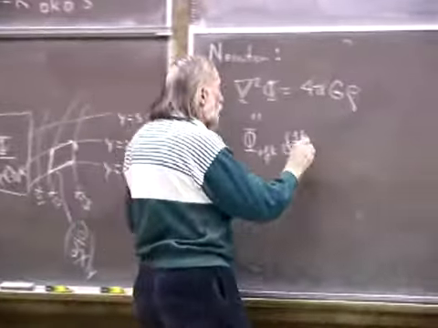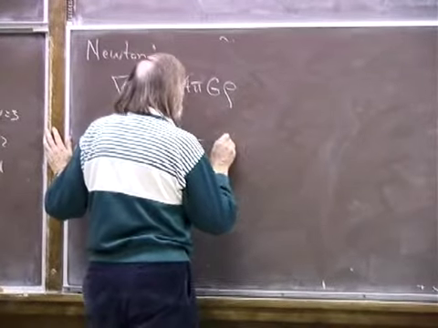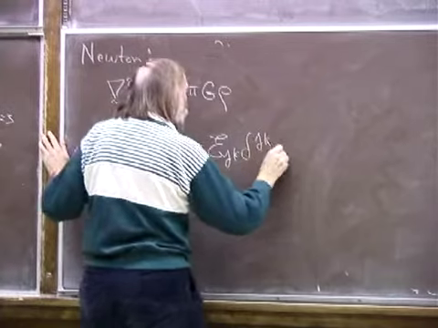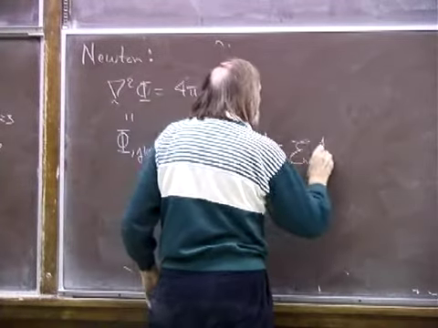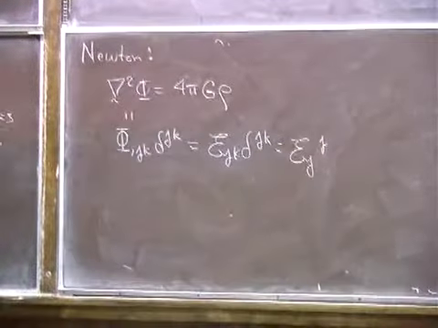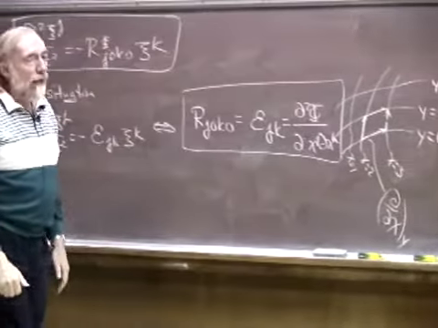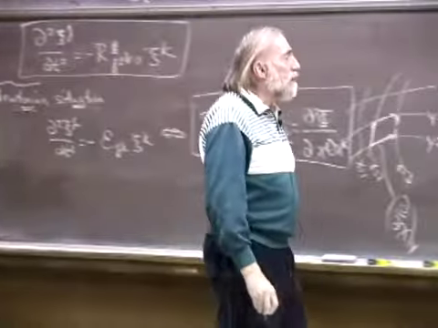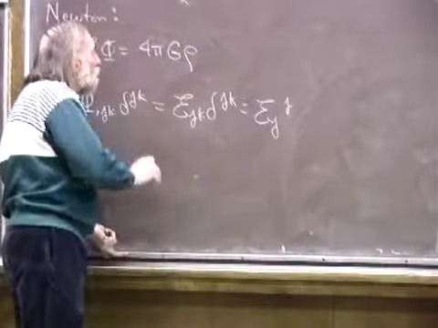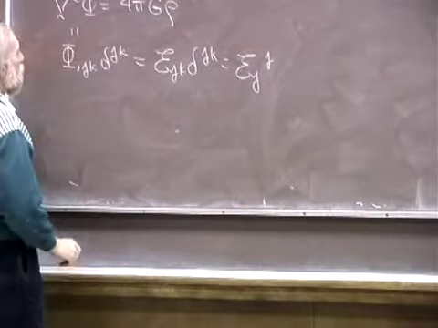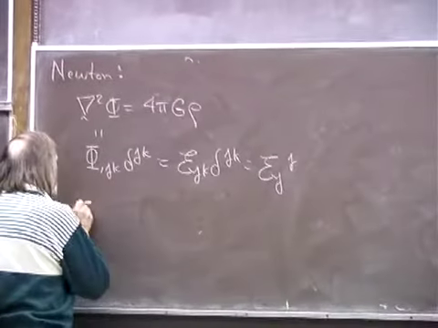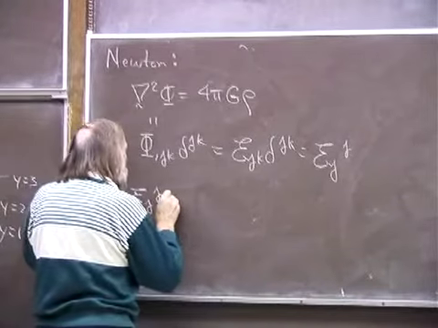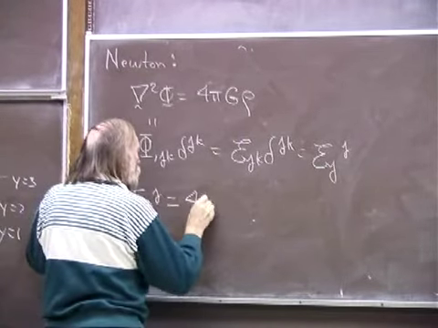But that's the same thing as Ejk delta jk, or the same thing as Ejj. It's just the trace of the tidal tensor. And so Newton's gravitational equation to determine the Newtonian potential just says that you take the tidal tensor, you take its trace, and that's equal to 4 pi G rho.